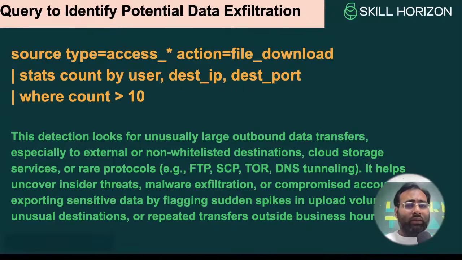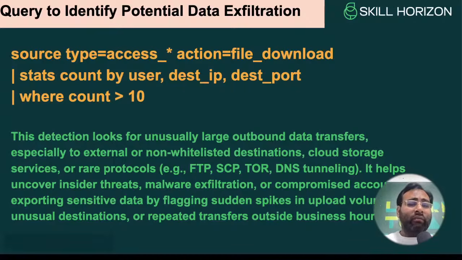When you run those queries, not all the results you get are harmful. Some might be the normal flow of your traffic, but you need to identify the unusual traffic.